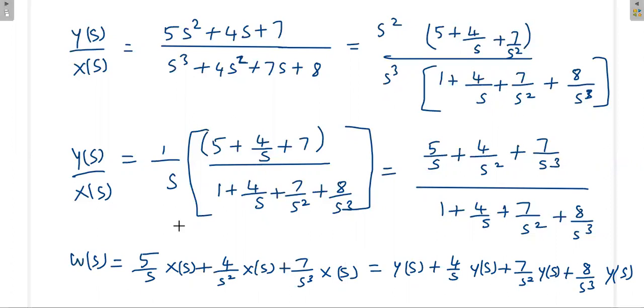Okay. So from this equation, we need W of s in terms of X of s. That is directly available here. But here we need Y of s from W of s, so only the second equation we will modify. The first equation we will write as it is. What is the first equation? W of s is equal to 5 by s X of s plus 4 by s square X of s plus 7 by s cube X of s.